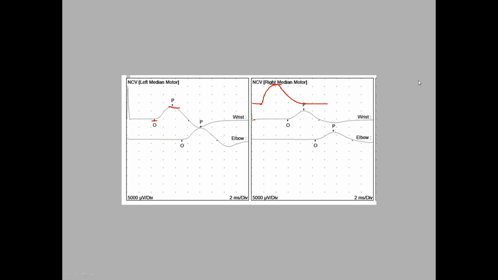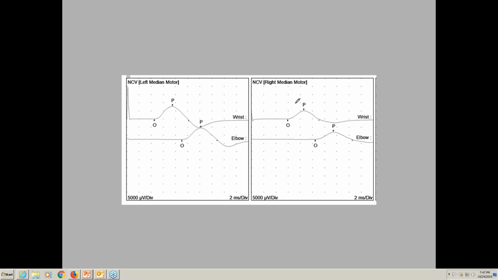So at the end of the day, to say that the right is comparatively low in amplitude to the left is okay. But that doesn't necessarily mean that there's motor axonopathy. There could be partial motor conduction block at the wrist. You could choose to stimulate in the palm, or you could just stick the APB, which you should do in a patient that presents this way.